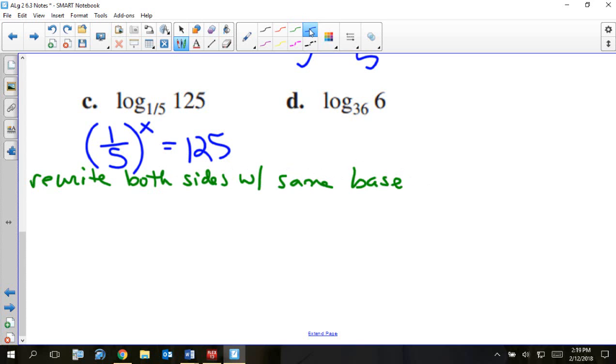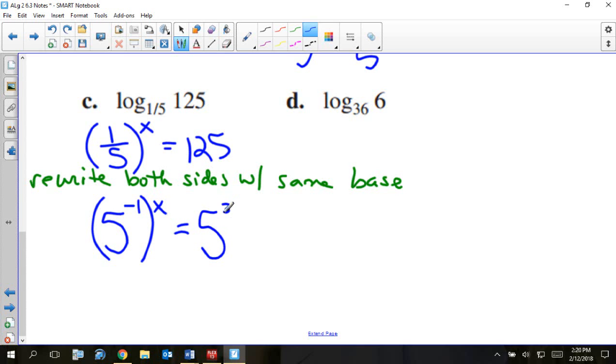When you look at 1/5 and 125, and we talk about rewriting with a base and an exponent, I'm thinking 5 would work for both. So how would I write 1/5 with a base of 5 and a certain exponent? 5 to the what gives me 1/5? And there is still that x up there. Then I'm going to rewrite 125 the same way, with a base of 5. 5 to the what?